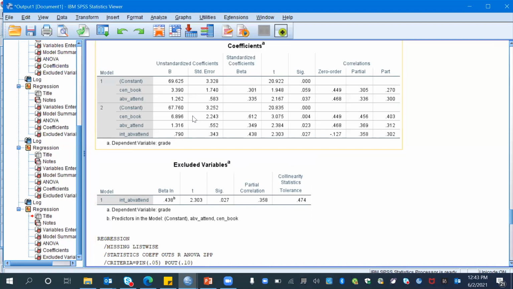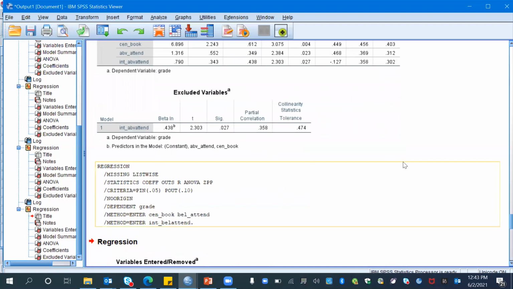And so again, we can get that actual effect size by squaring our correlation here. So 0.403 times 0.403, and we get 0.16. So again, a very strong effect size here with at high attendance, the more books you read, the higher your grade is.